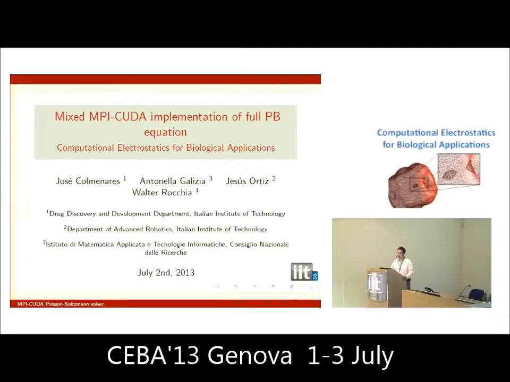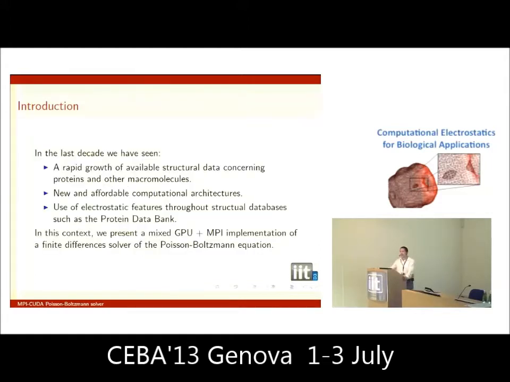Hi. So I'll be talking about MIT's MPI-CUDA implementation of the full Poisson-Boltzmann equation. We've seen a growth of data.